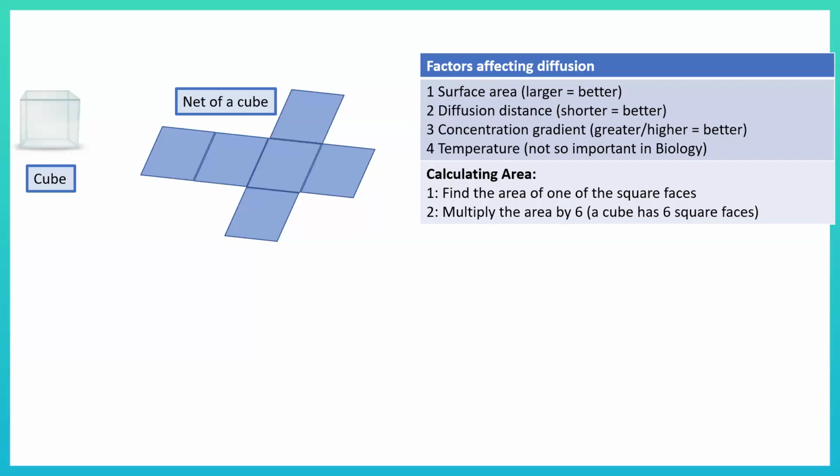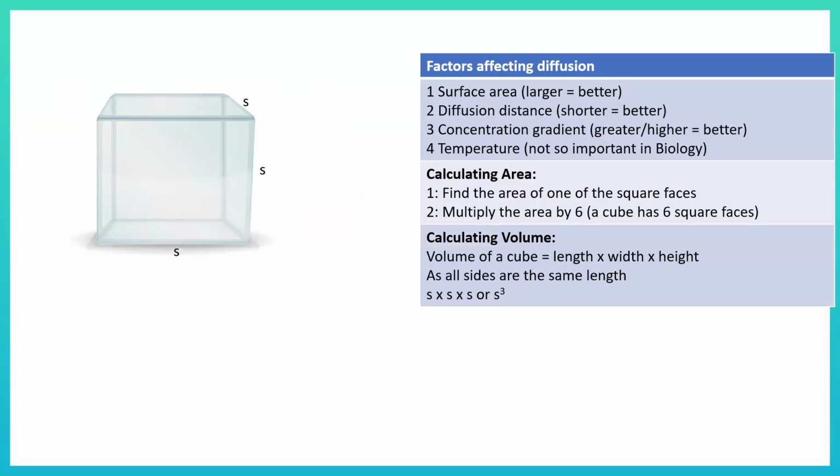Because we're looking at a cube, it has 6 faces, like dice that you roll to play board games. So we have to find the area of 1 square and then multiply it by 6. That's just the surface of the cube. And then if we were finding the volume, that's the depth as well.